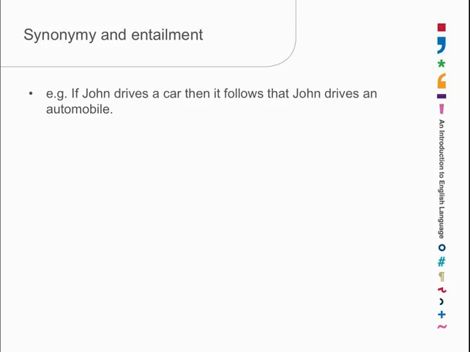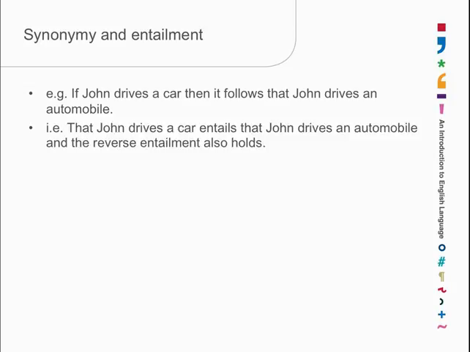You know that they are the same. They are synonyms. Well, in the case of this entailment, it works the other way around as well. If John drives an automobile, then it follows that he also drives a car. He doesn't drive two things. They're the same thing. A car is an automobile. So synonymy has entailment effects.